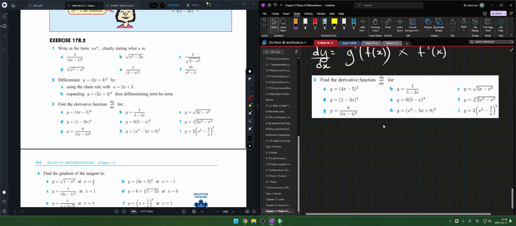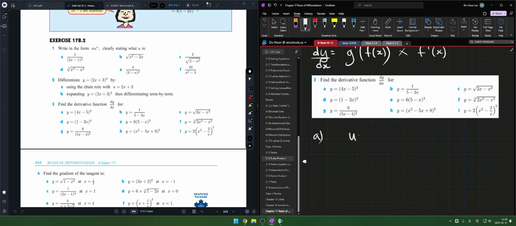The first thing that I'll do for any question, and of course you can get faster, is to identify what is g of x and what is f of x. I think it may be better if you declare f of x first, because f of x is what's inside the shell. In my opinion, what's inside the shell for part A is the 4x minus 5.